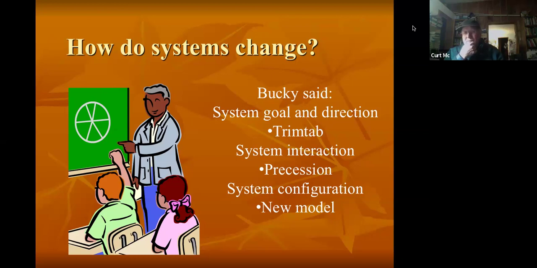The second one, system interaction, is what's happening when a couple of different systems are exchanging things back and forth, which is a result of the relations between them. And some of the things that you guys mentioned speak to that. Procession is one example of systems interaction.